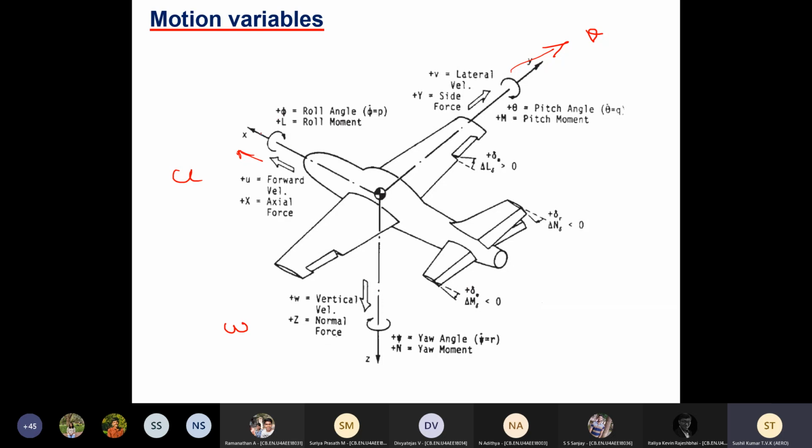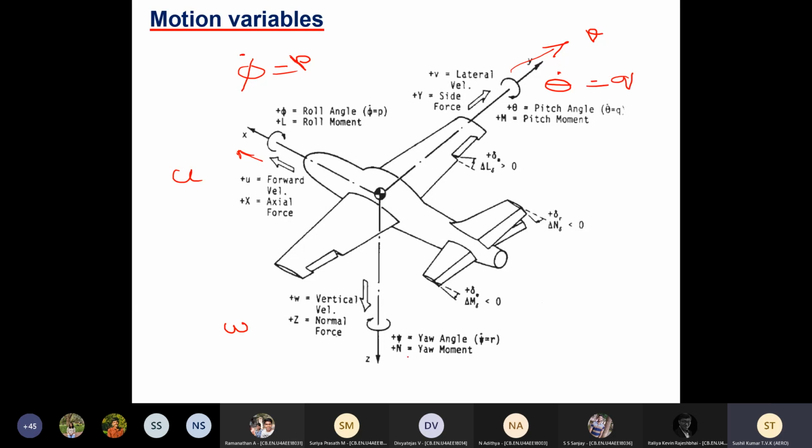You roll about the x-axis with an angle. Suppose you are rolling at an angle phi. Roll angle is phi, and phi dot is p. So we'll be using rates, not absolute angles. Similarly, if you want to pitch up or pitch down, it is going to be theta, and theta dot becomes q.